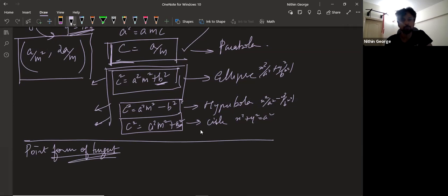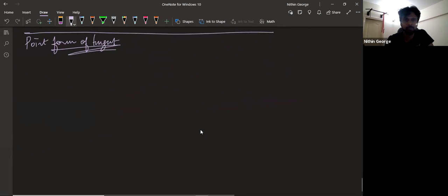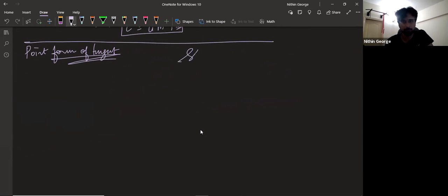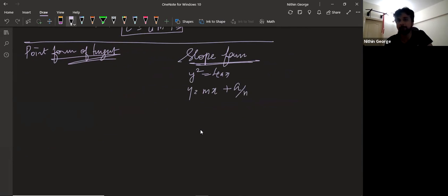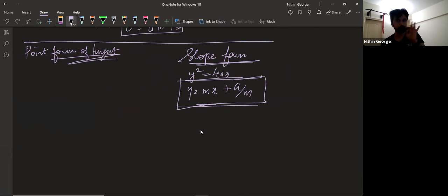We have just learned that the slope form of tangent for y square equal to 4ax would be y equal to mx plus c, where c is equal to a by m.